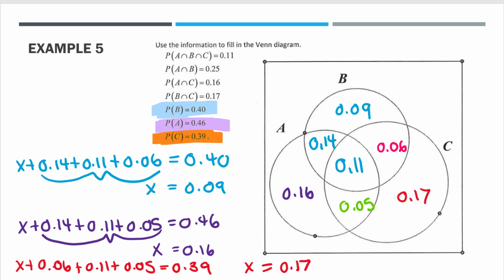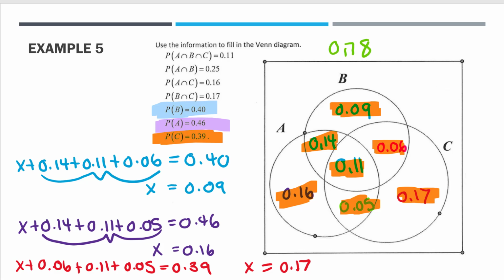And now I've assigned all of the probabilities. We aren't quite done yet though, because remember, all probabilities have to add to 1. So the question is, if we add up all of these numbers together, do they add to 1? And for the sake of time, I will tell you that they do not add to 1. They add to 0.78.